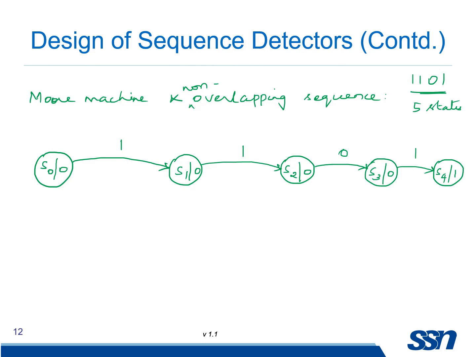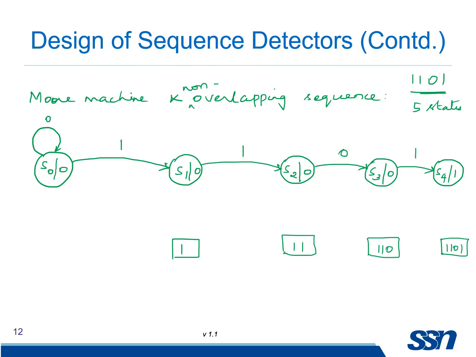Here if I receive the input to be 0, I remain in the initial state. Then for others again it is same. So this is 1, 11, 110 and 1101. This is what the sequence is.